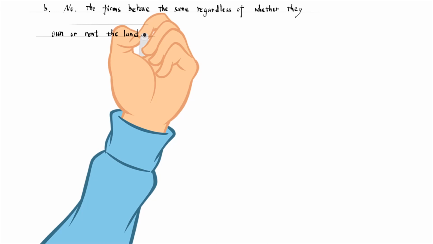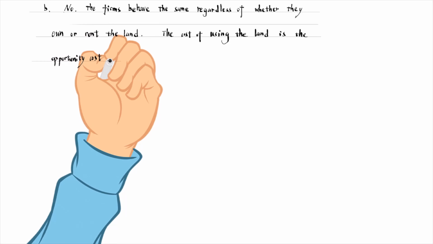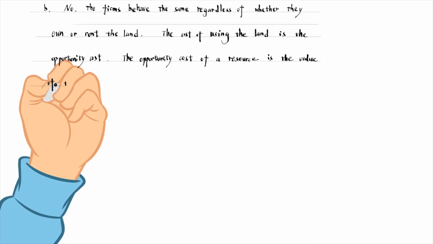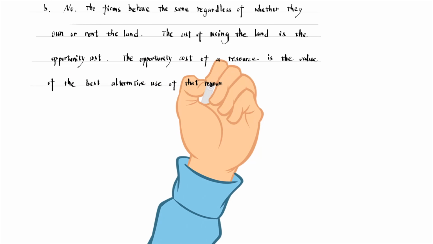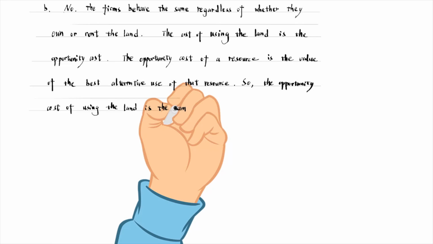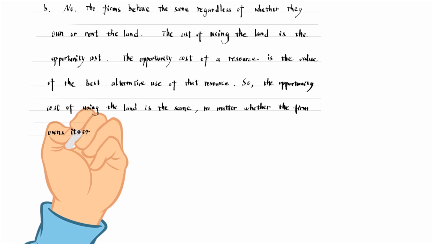The cost of using the land is the opportunity cost. The opportunity cost of a resource is the value of the best alternative use of that resource. So, the opportunity cost of using the land is the same, no matter whether the firm owns it or rents it.